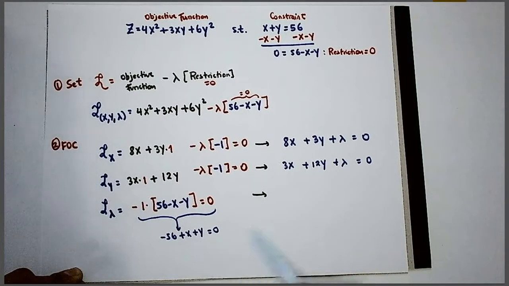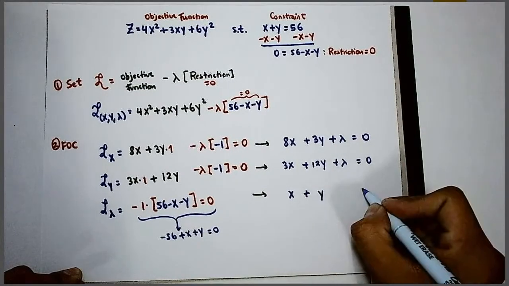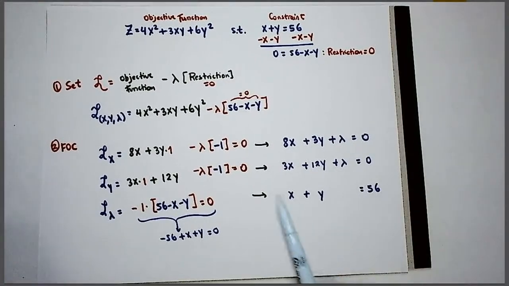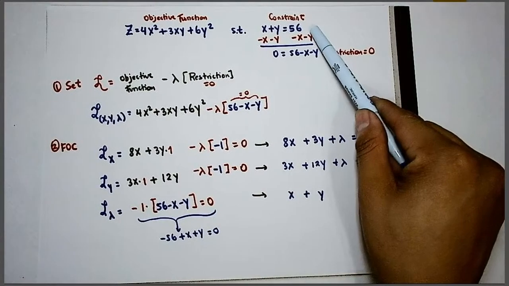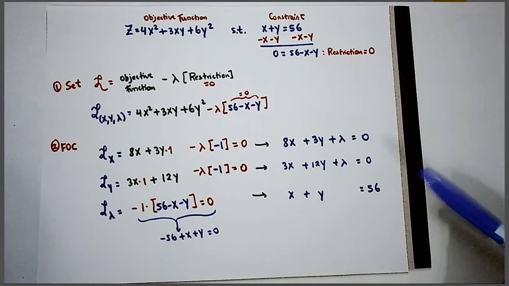So we can arrange it as x plus y equals 56, which is, in other words, the original way that was written here as the constraint. So this means that our procedure was correct.